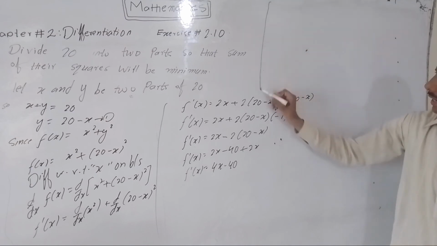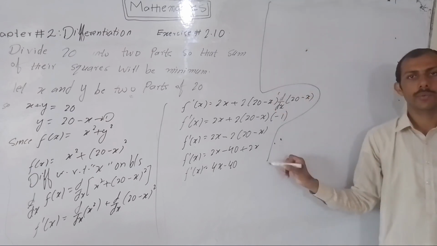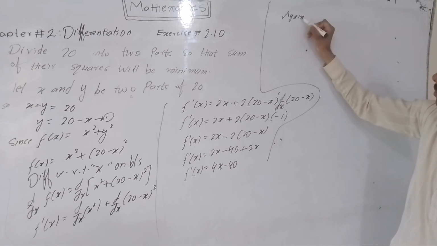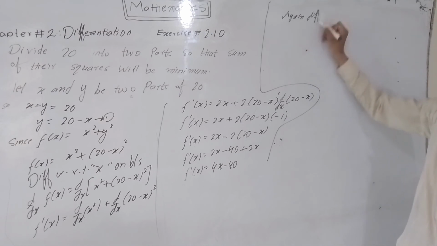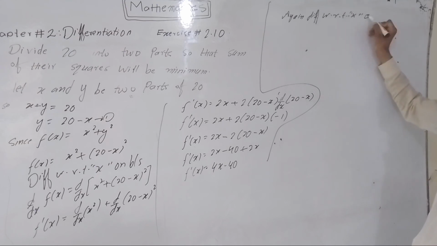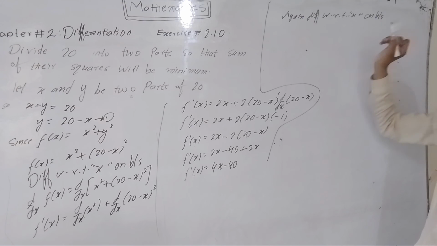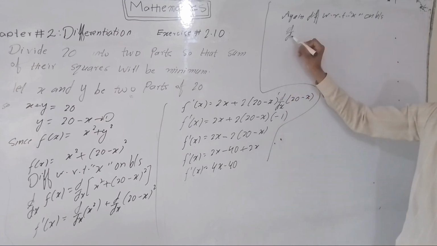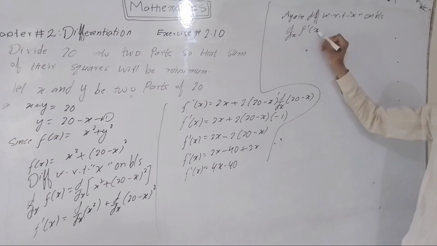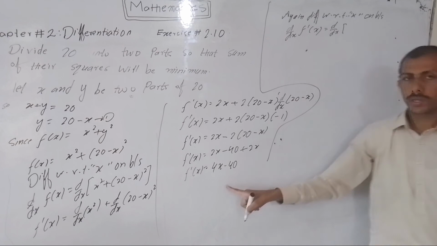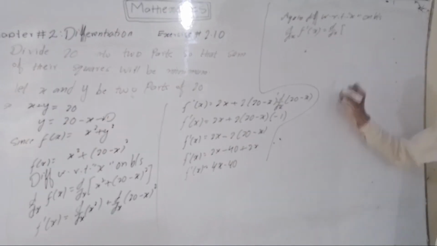Again differentiate with respect to x on both sides. Derivative of f prime of x is equal to derivative of 4x minus 40.